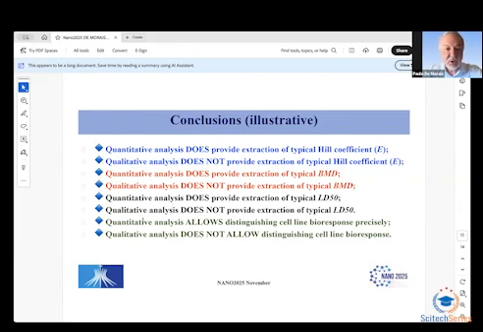And finally, quantitative analysis allows distinguishing cell line bioresponse precisely. The data I show you in this talk show that the Walker cell line is less responsive to the treatment than the B16F10 cell line.